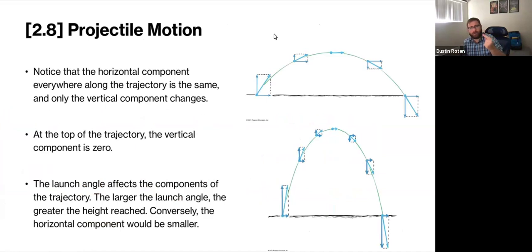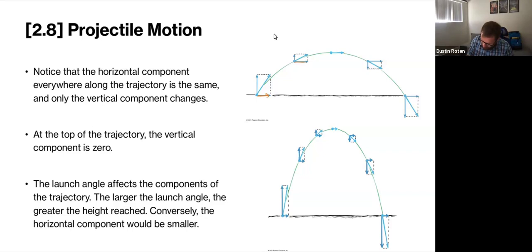Okay, now notice that the horizontal component everywhere along the trajectory is the same. So instead of just shooting something off a table, we're going to start from the ground, do a full arc, and land on the ground again. But in the x direction, which I've been using orange, look at what's going on here with the horizontal component.